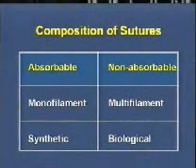Silk is broken down by the body over a period of years, but is still considered to be non-absorbable. The disadvantage of non-absorbable sutures is that a foreign body is left in the patient, which can lead to long-term rejection problems. Sutures are also classified according to their structure.